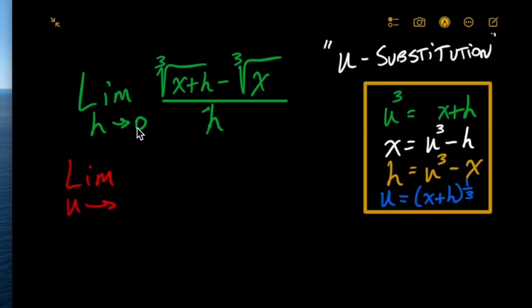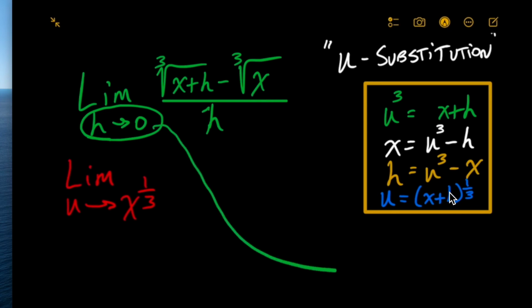So as h goes to 0, if I plug in 0 for h, what happens to u? U approaches x to the 1/3 power. So we're going to use that in our new limit. Let me repeat that. Using this here, as h goes to 0, I plugged in 0 for h, and I was left with u approaching x to the 1/3 power. So that's going to be the new limit we're going to use.